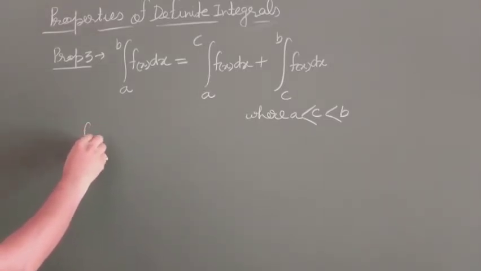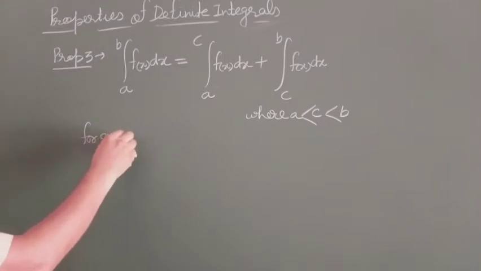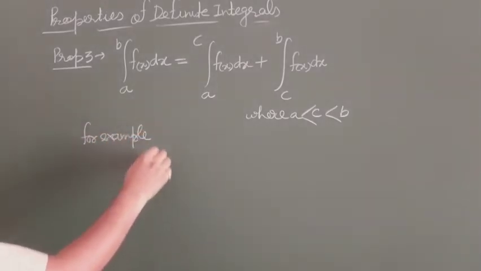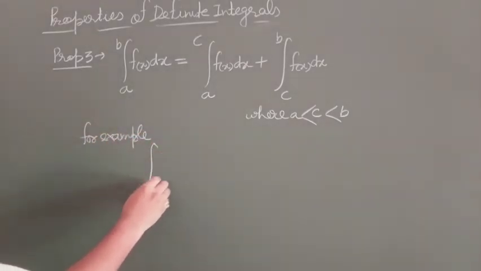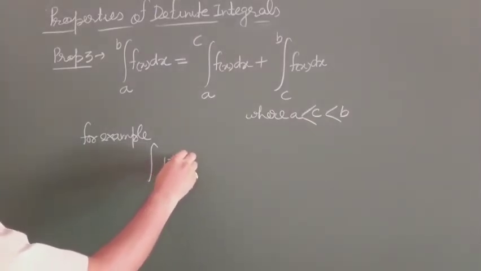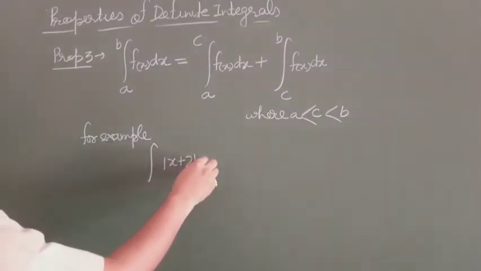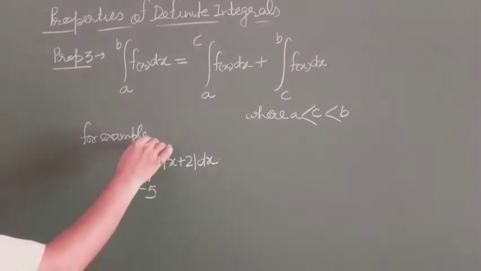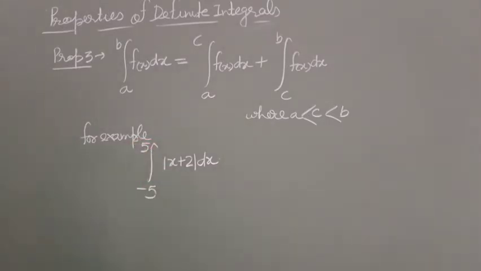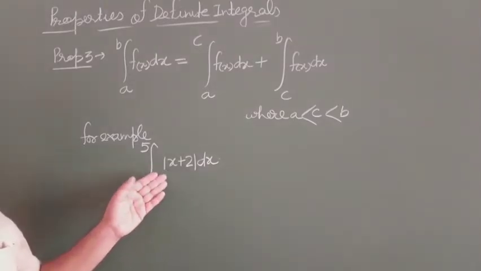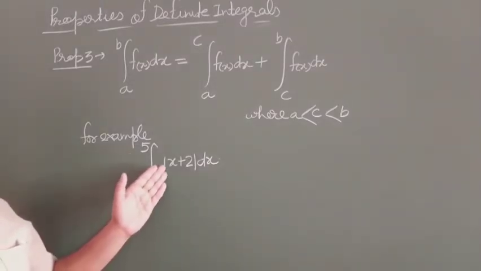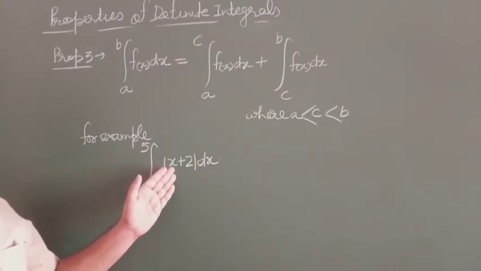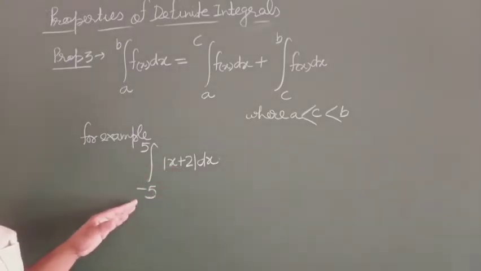For example, we have to find the integral of the modulus function |x + 2| dx, and limits are given to us as minus 5 to 5. We have to calculate the integral of the modulus function x plus 2, limits minus 5 to 5.